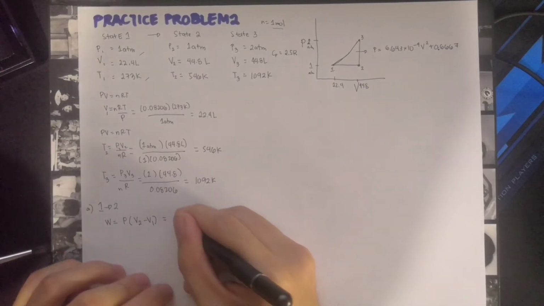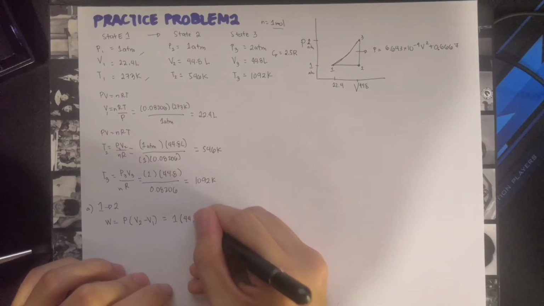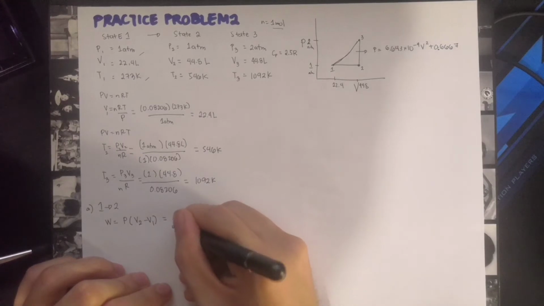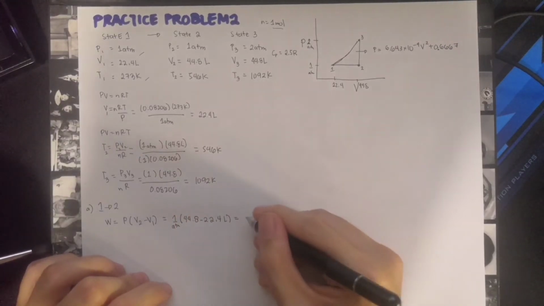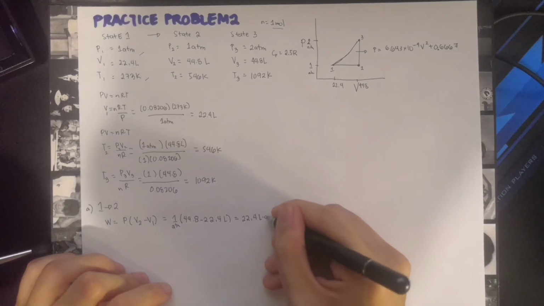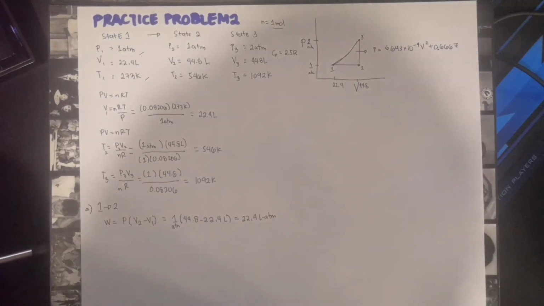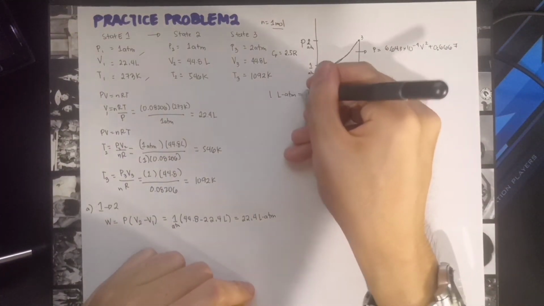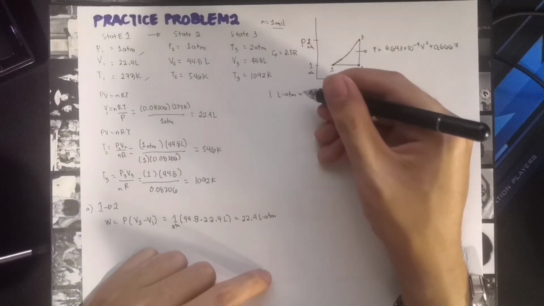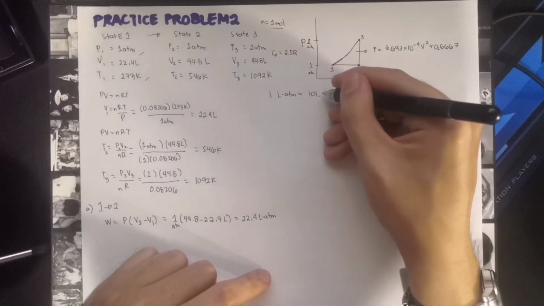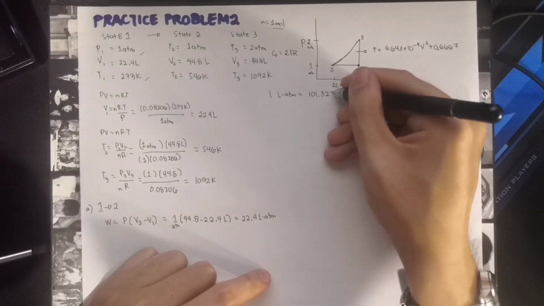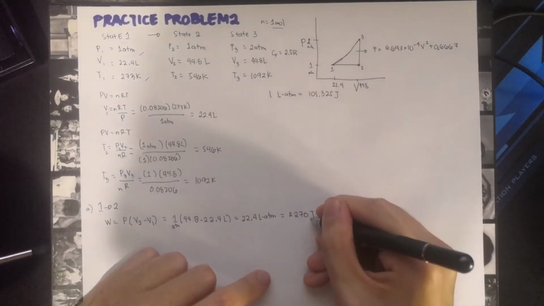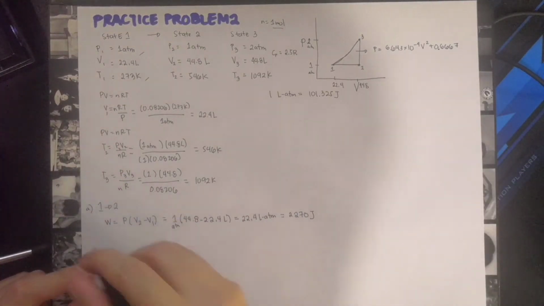This is equal to 1 times 44.8 minus 22.4 liters, atm. And this is equal to 22.4 liter atmosphere. Our conversion from liter atmosphere to joules is 1 liter atmosphere is equal to 101.325 joules. So this would be equal to 2,270 joules. So that is for work.